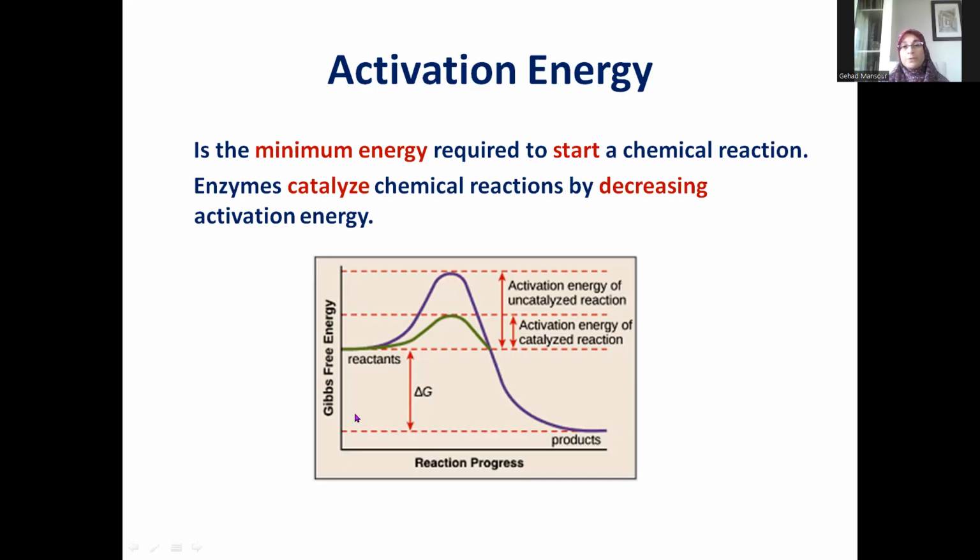If we look here at the graph, actually we have a purple graph and a green graph, and they merge in their terminal part. When we look at those two arrows, we find that the green curve represents the activation energy when the reaction is catalyzed, meaning the activation energy when we are using an enzyme, whereas the purple curve represents the chemical reaction when we don't use an enzyme.